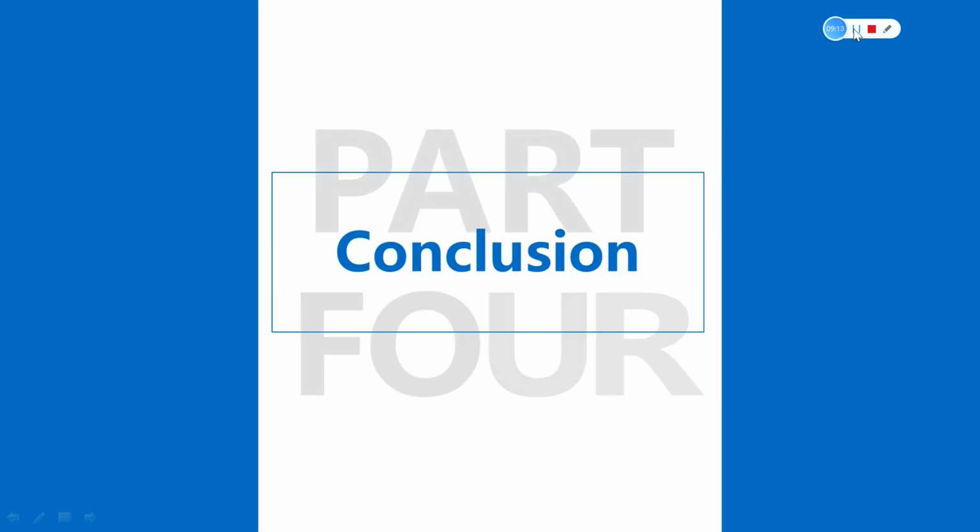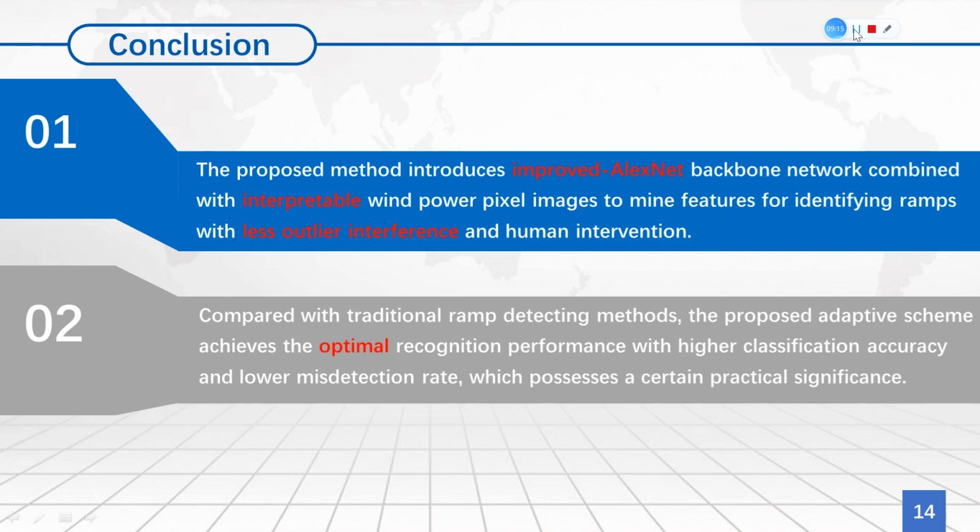In this paper, we propose a data-driven improved LSNet backbone network combined with interpretable wind power pixel images to mine features for identifying ramps with less outlier interference and human intervention.